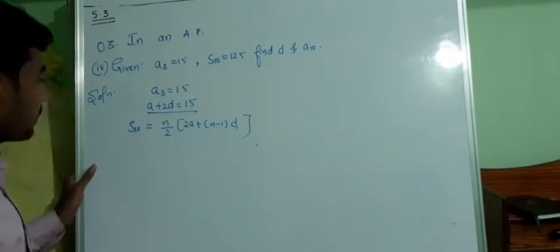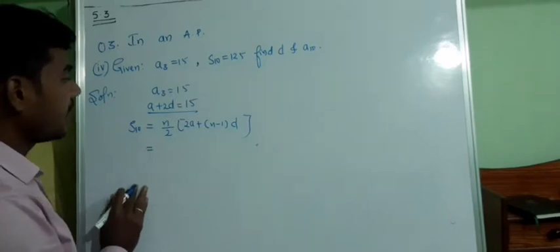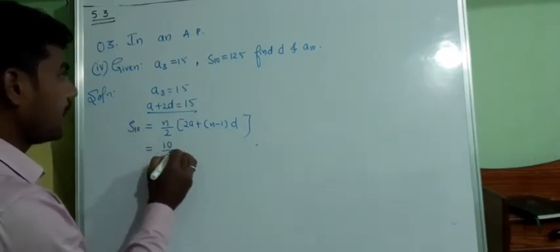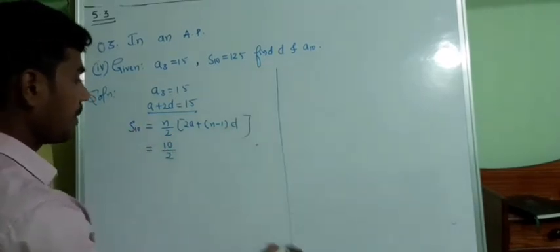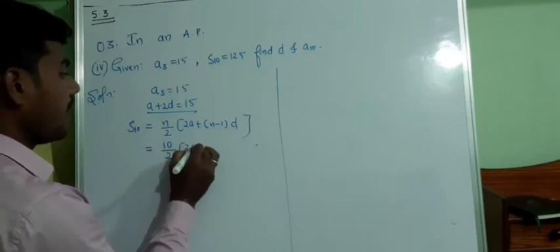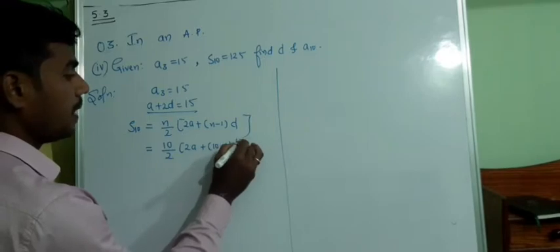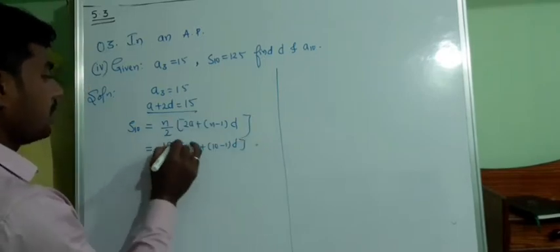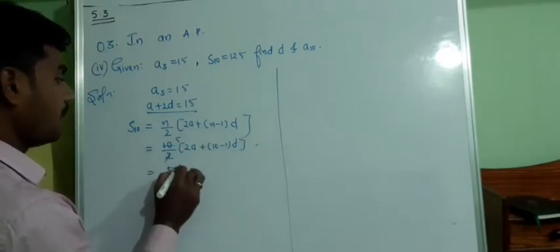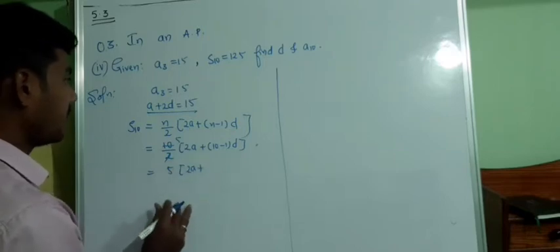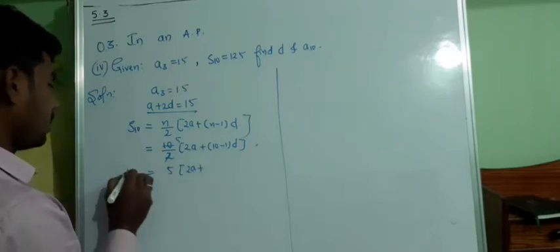That's it. So, what is N here? N is 10. 10 divided by 2, so 2A plus 10 minus 1 into D. Fine. 2 1s are 2, 5 into 2A plus 9D is 125, right?